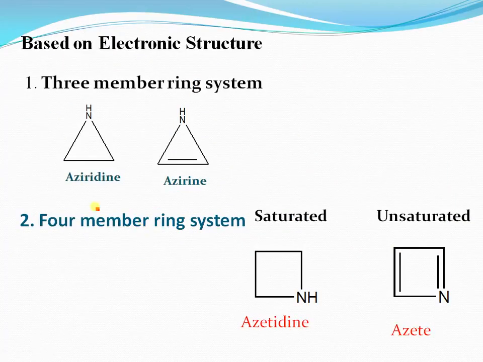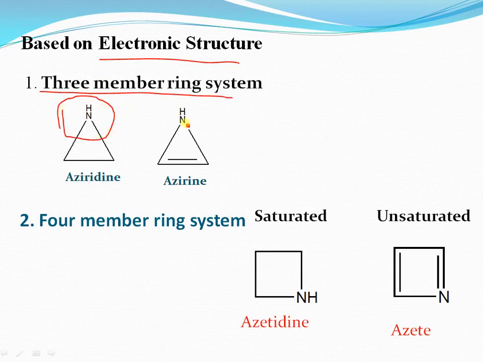Second one is on the basis of ring size, means 3-member ring system. First is the 3-member ring system, means that the ring contains 3 atoms, 1, 2 and 3. It may be saturated, it may be unsaturated. Saturated is aziridine, unsaturated is azirine.